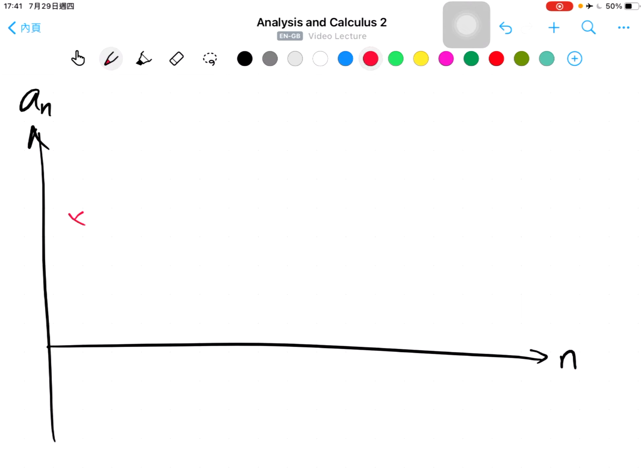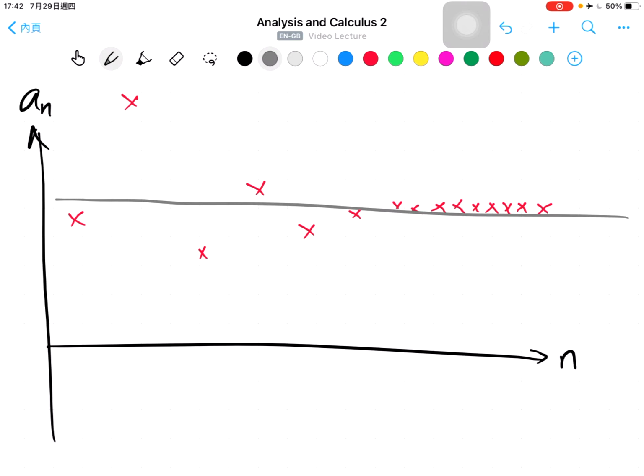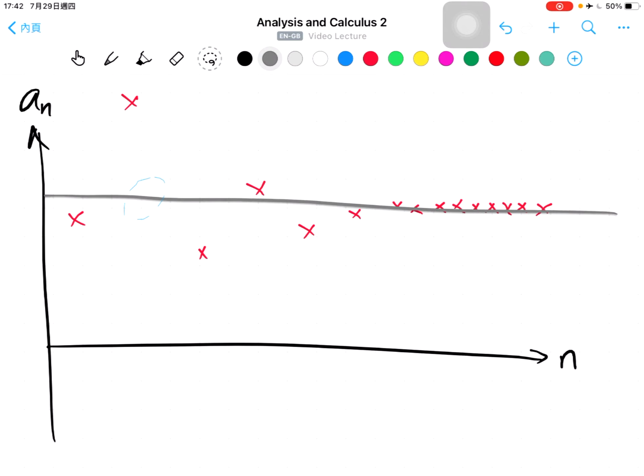Probably it starts up here, and then there, and then probably after some period of time, oh, it's starting to get close to this value here. Sorry for my bad drawing, bear with me. This is no good. I probably have to go to attend drawing class.